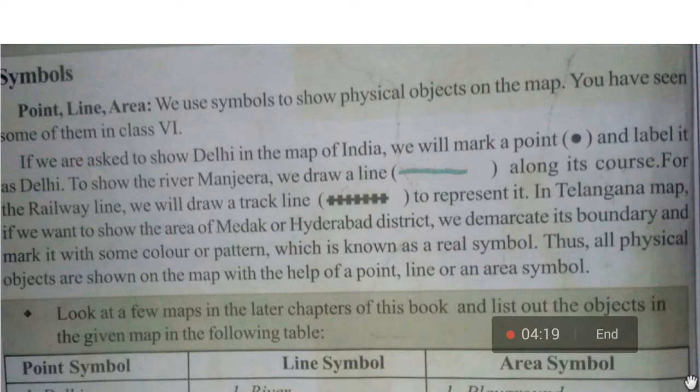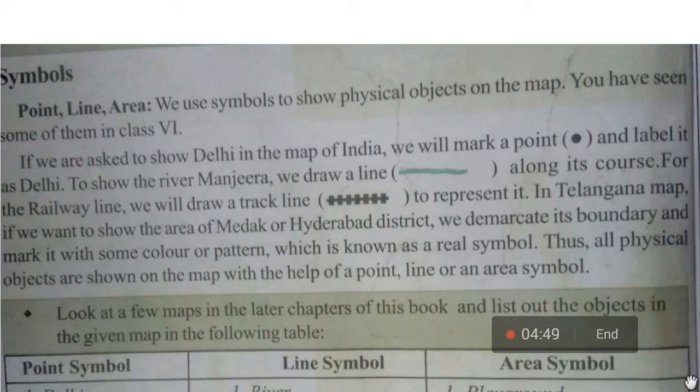Suppose we want to show any river, river Manjira, river Ganga, river Tungabhadra, river Krishna, river Indus, whatever the river we want to show, we just draw a line. What is the color? Water color. We all know that sea water is blue in color.